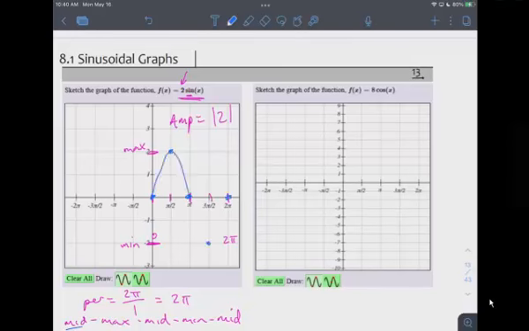So here is one period of our graph. The points that you need to select: you choose the sine function. The sine function is midline and then maximum. Those are the 2 points that you would select to create this graph, and it'll auto-populate the rest of the graph for you.